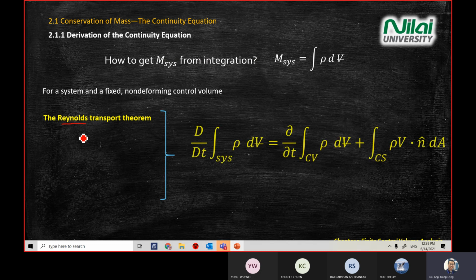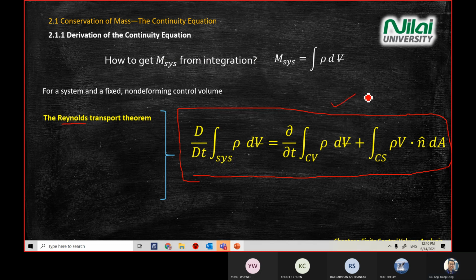What does this theorem tell us? It is a very important equation throughout this semester for this module. Every time you write this equation in your answer sheet, it will help you score 1 to 2 marks.